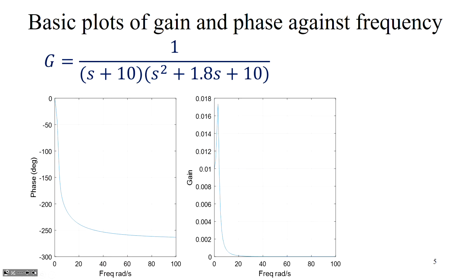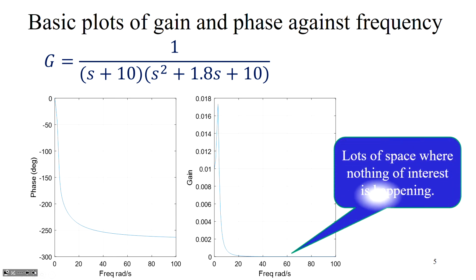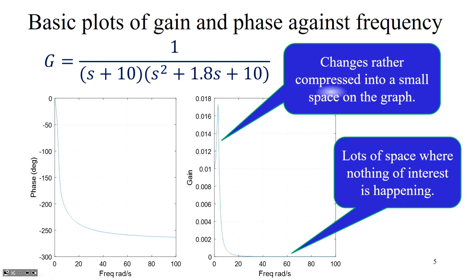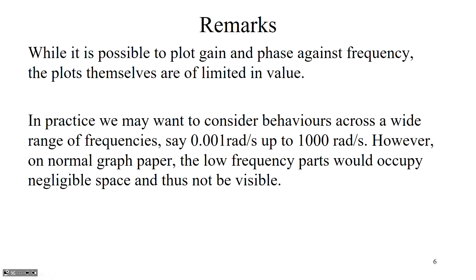Here's a different example, and you can see the same pattern. There's lots of space on the graph where nothing of interest seems to be happening, and all the interesting stuff is compressed into a small space on the graph. And so these plots are not as useful as they could be. So while we can plot gain and phase against frequency, those plots are of limited value.